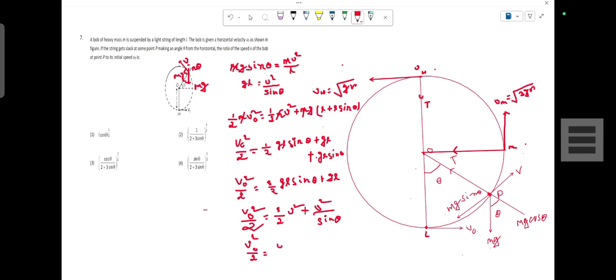Now you can common out v square from here, that is 3 by 2 plus 1 by sin theta. I think I am close to the answer.